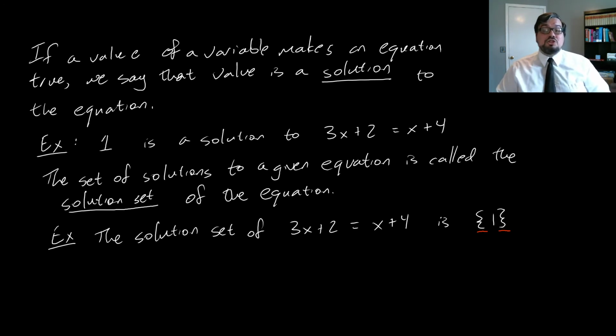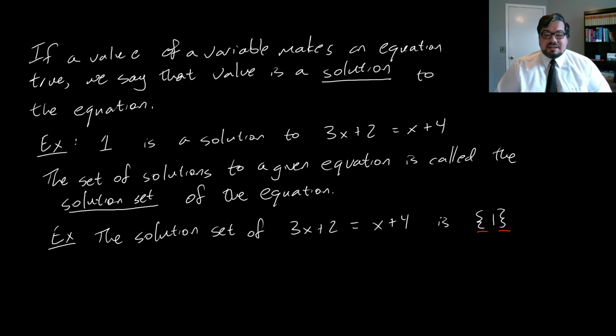Now, we haven't actually shown that yet. We haven't yet seen whether or not there are any other solutions to this equation. It turns out there aren't. It turns out that 1 is, in fact, the only solution to the equation. But we'll get to that in a little bit, and we'll see that it only has one solution for sure.